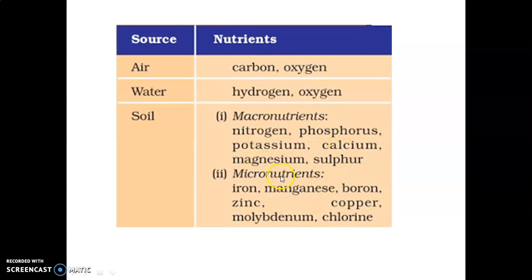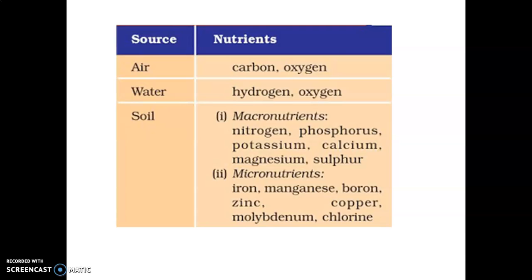Out of these 13 elements, 6 (nitrogen, phosphorus, potassium, calcium, magnesium and sulfur) are required in large quantities for the development of plants. That's why they are termed as macronutrients. And the remaining 7 nutrients, such as iron, manganese, boron, zinc, copper, molybdenum, chlorine, are required in very small quantity. Okay, that's why they are termed as micronutrients.